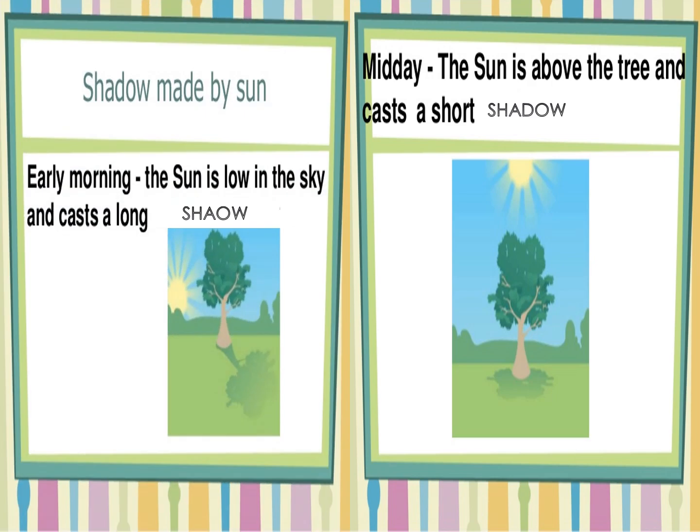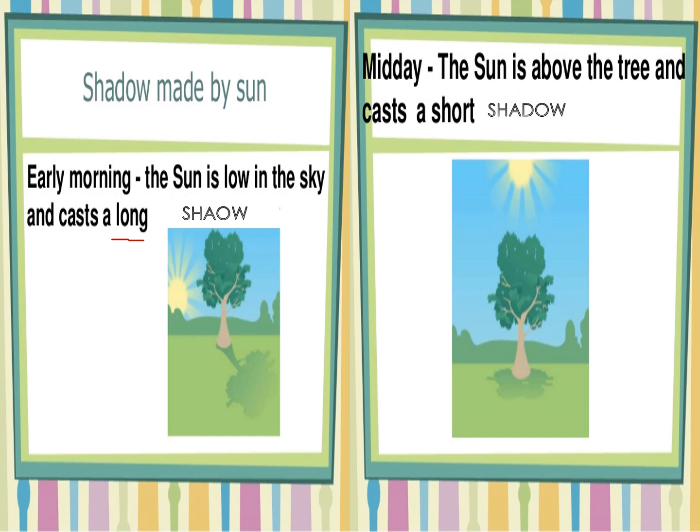Here we can check the sunlight in the morning and during the day. What is the type of shadow? At the early morning, the sun is low in the sky and casts a long shadow. At midday, the sun is above the tree and casts a short shadow.